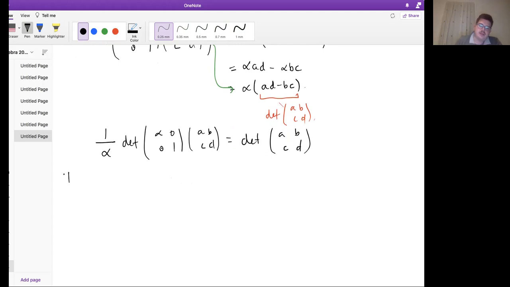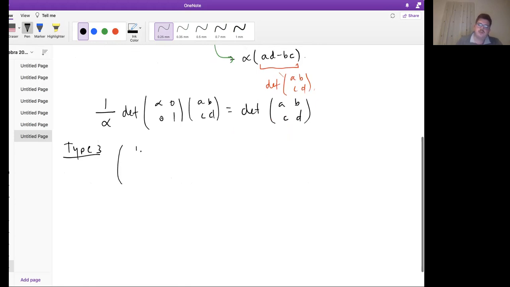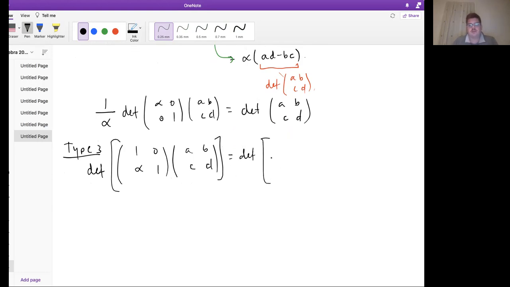Okay, and then type 3. Let's do that. And so what's our matrix going to look like? So what is this row operation? Remember, you don't need to do the multiplication if you know the row operation.